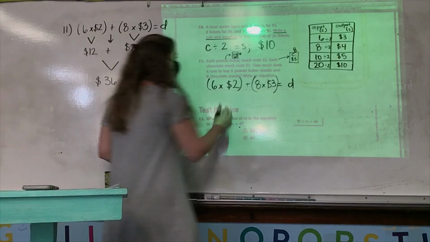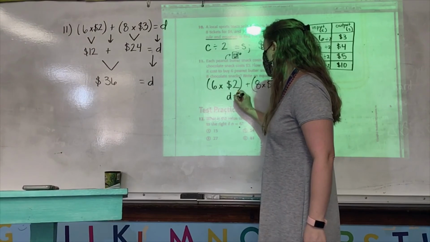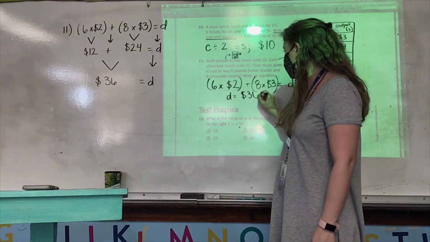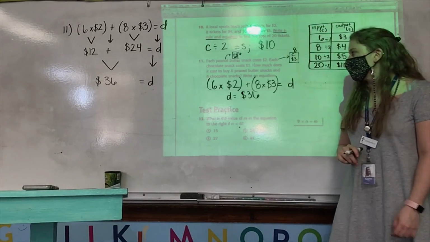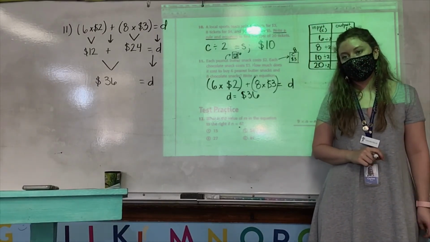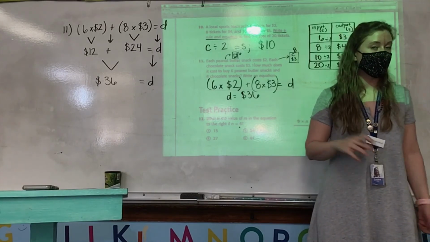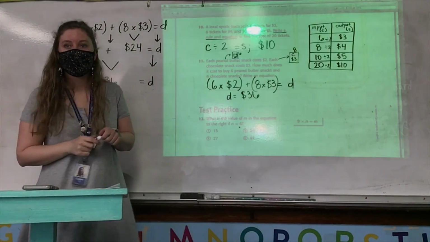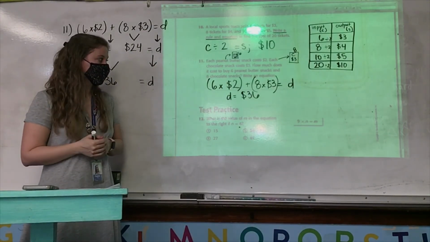No. So that means D equals $36, which means how much does it cost to buy 6 peanut butter snacks and 8 chocolate snacks? $36. There you go. It's just like example 1 with the movie tickets. Same exact thing.